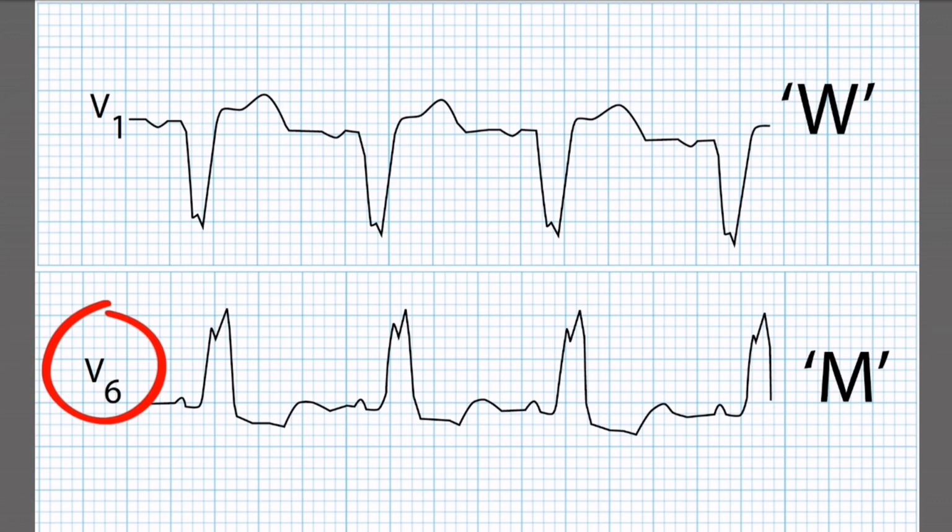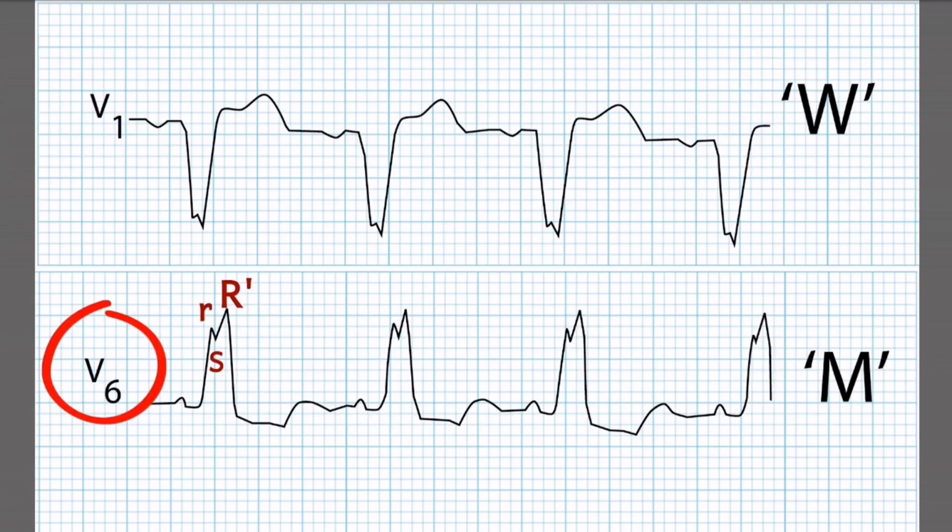And so first, you have an R wave, and this R wave is from the septum, remember. Then it is followed by an S wave, which is just a notch, and this is from the right ventricle. And then we have the R prime, which represents the depolarization from the left ventricle.